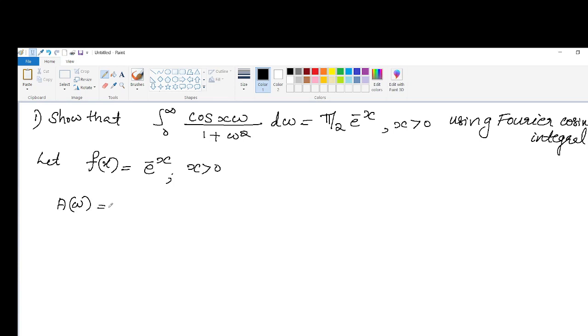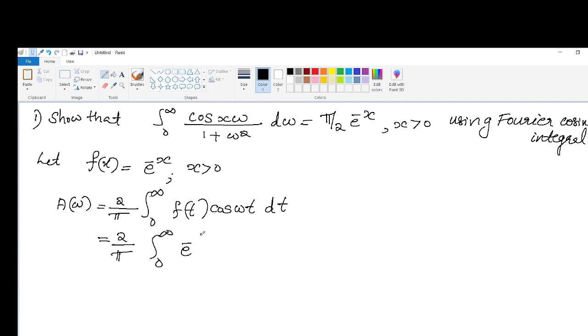a(ω) equals 2 by pi integral from 0 to infinity f of t into cos ωt dt. Now this is equal to 2 by pi integral from 0 to infinity e raised to minus t cos ωt dt.